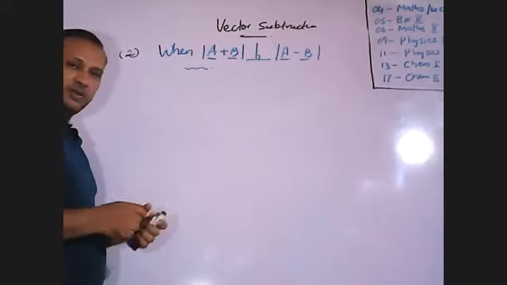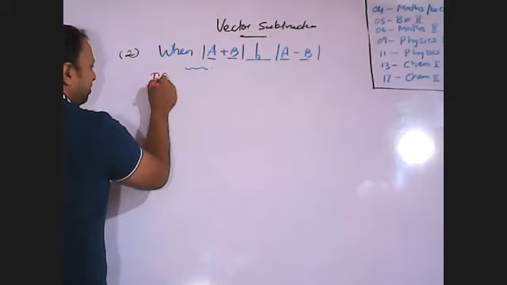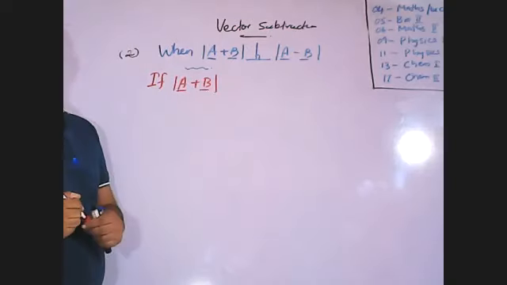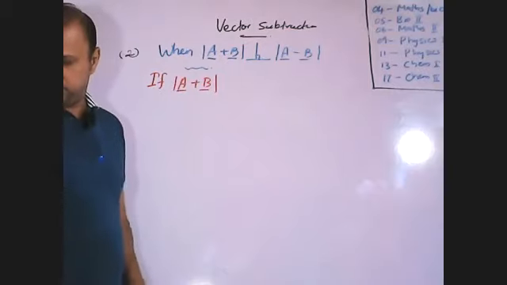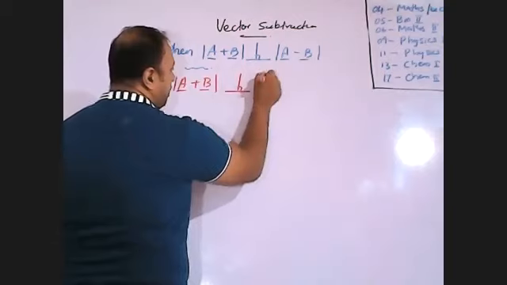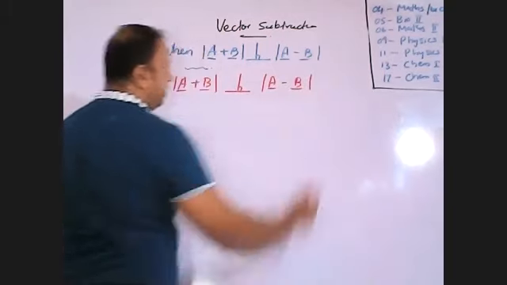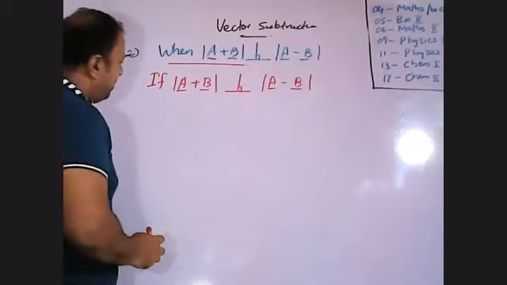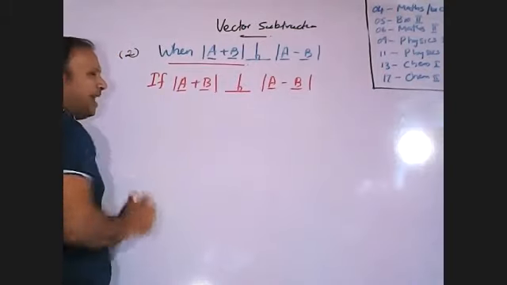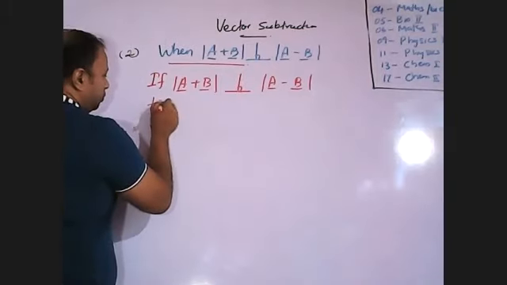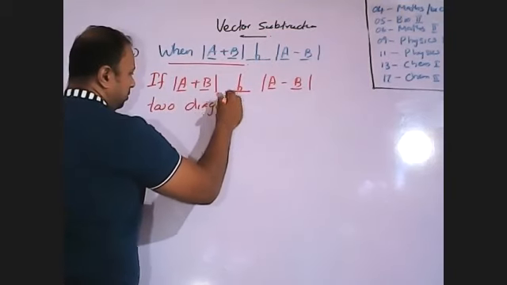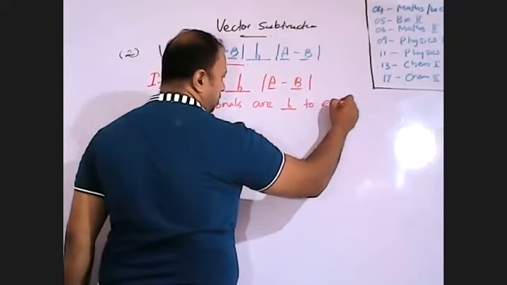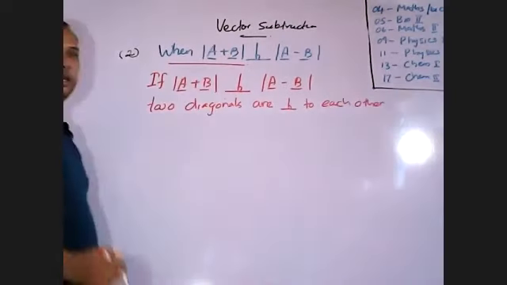Therefore, if A plus B is perpendicular to A minus B, that means two diagonals are perpendicular to each other.